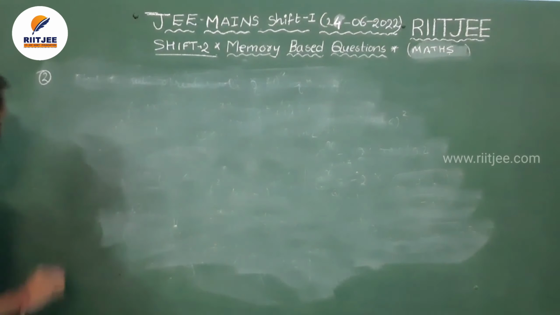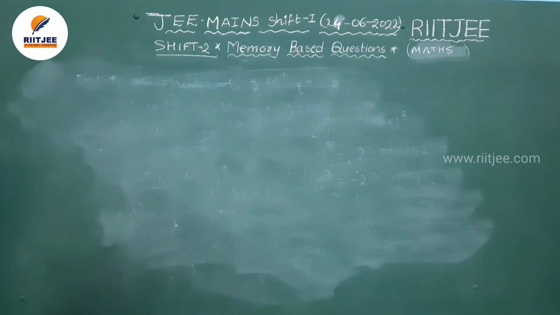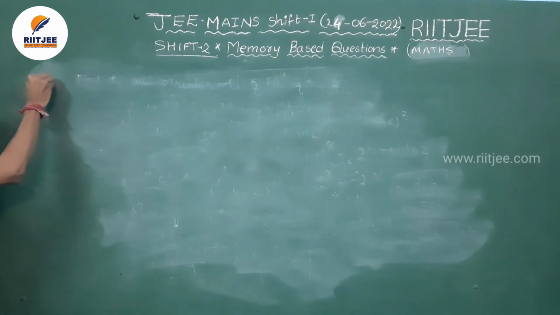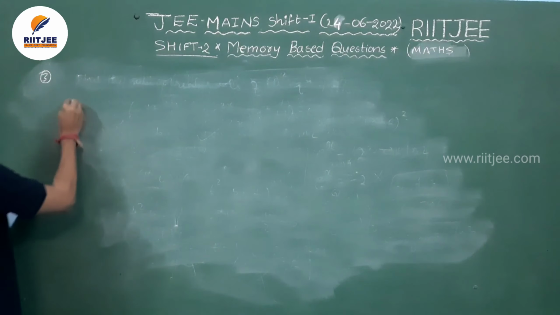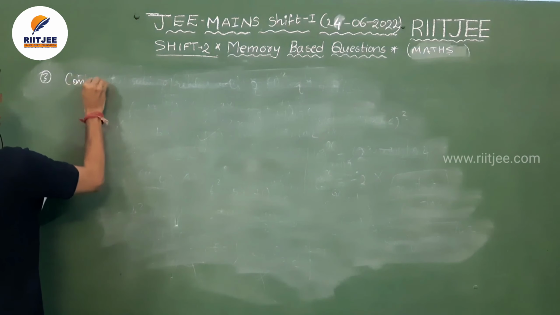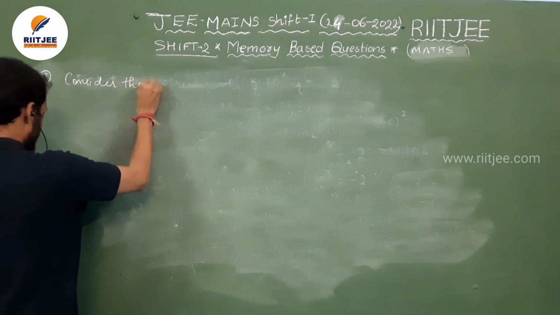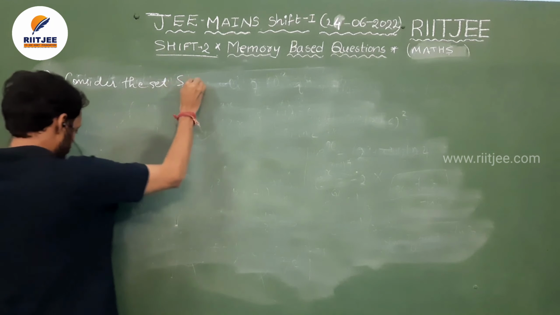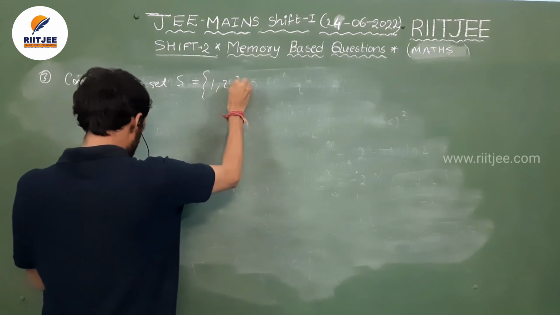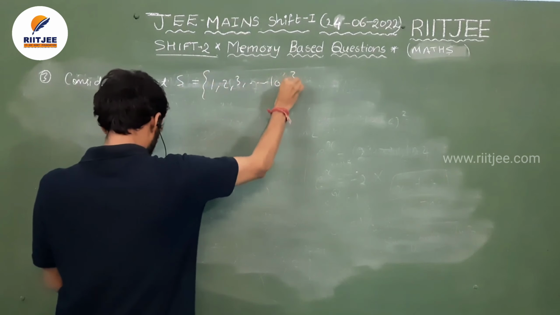Many students said the question is very difficult, but the question was very easy, just a logical mind is required to solve it. Right, now consider the set S equal to 1, 2, 3, 10, 100.